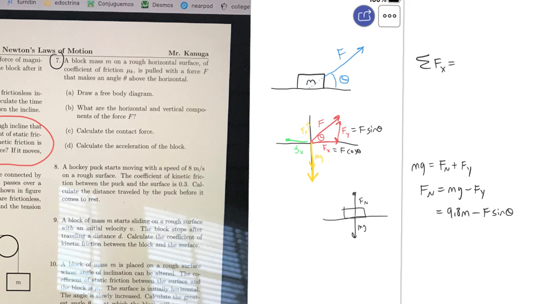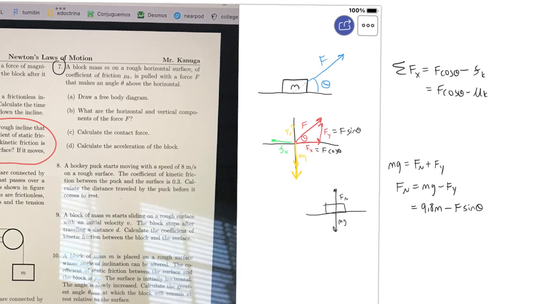So that's going to be F cosine of theta minus F sub k. Let's see, F cosine of theta minus mu k times the normal force.